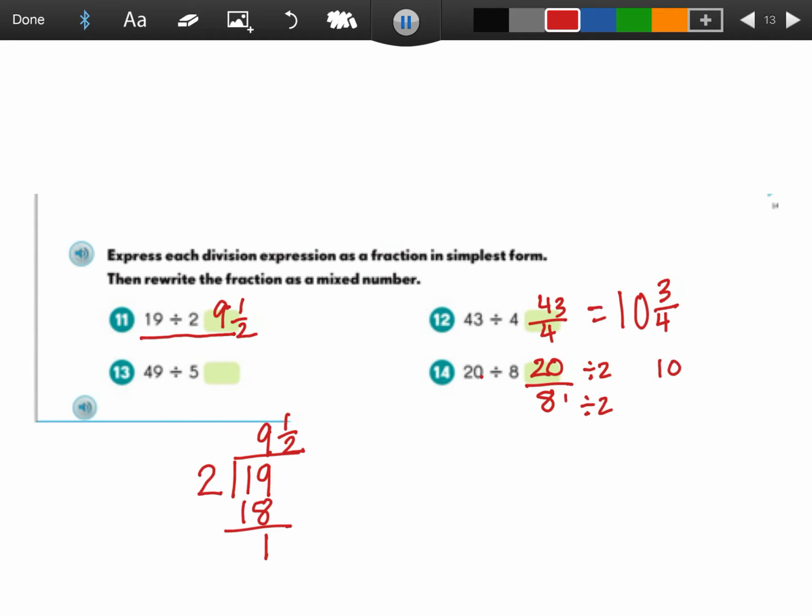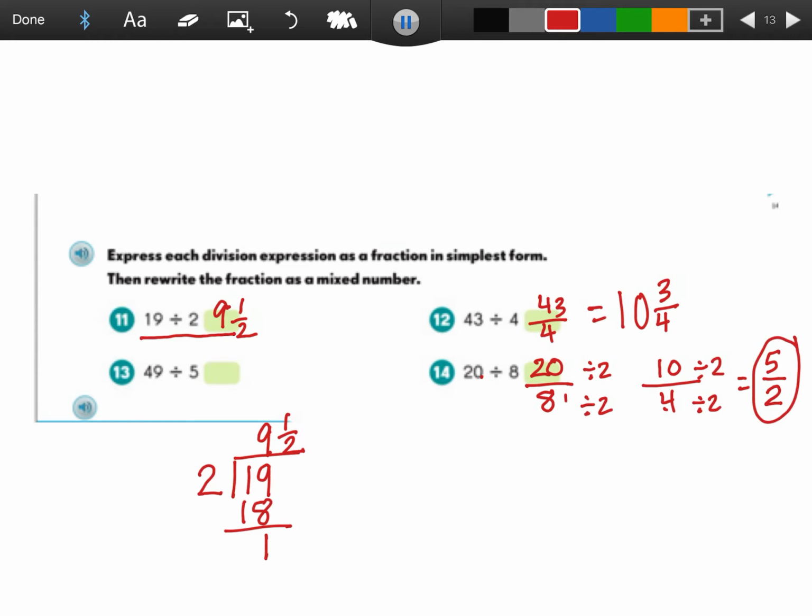So 20 divided by 2 is 10. 8 divided by 2 is 4. You know what? They could both still be divided in half. So 10 divided by 2 is 5, and 4 divided by 2 is 2. So now we have 5/2.